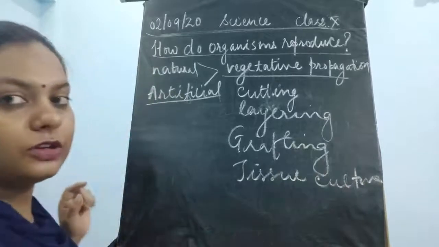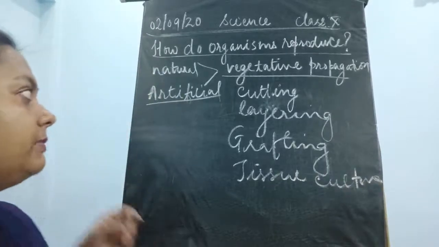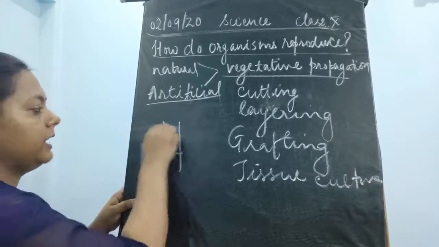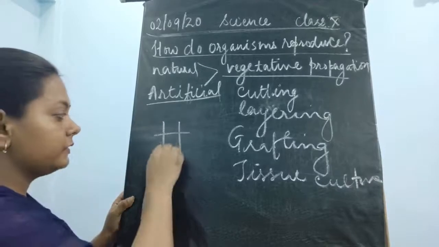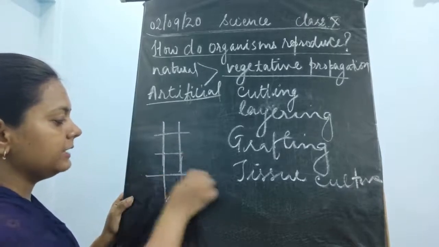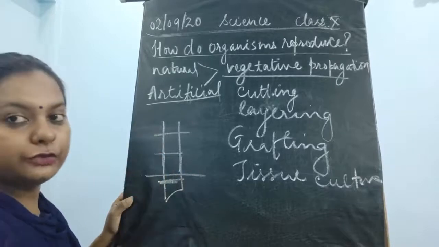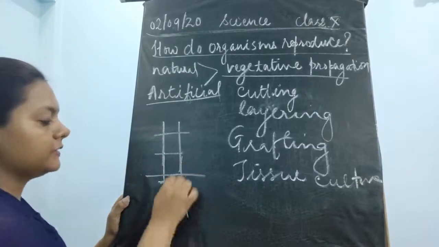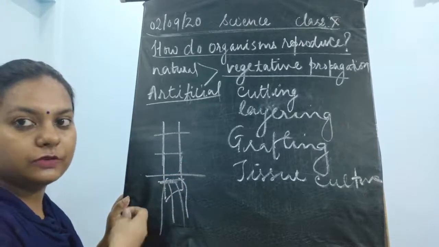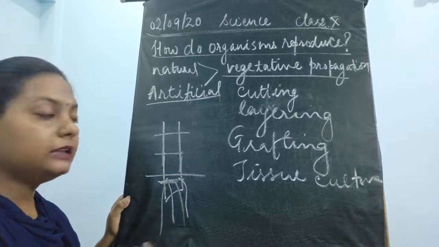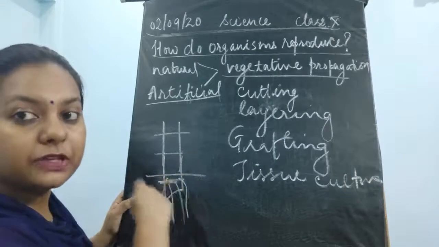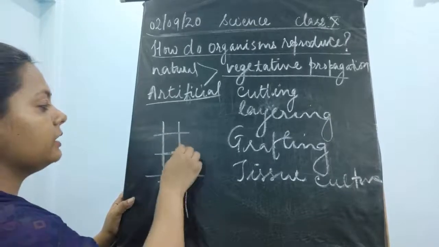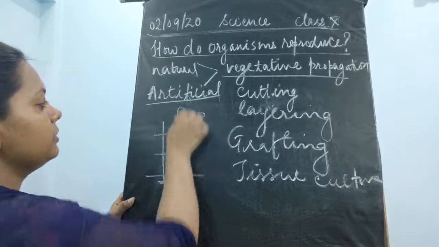Fine. So yesterday I talked about the cuttings, in which one plant is taken. We will take the plant with nodes, and one or two nodes are sent inside the earth, and one or two nodes are just above the soil. What would happen after some time? The nodes which are underground are going to develop the roots, and the part present above the soil surface is going to develop into a new shoot.